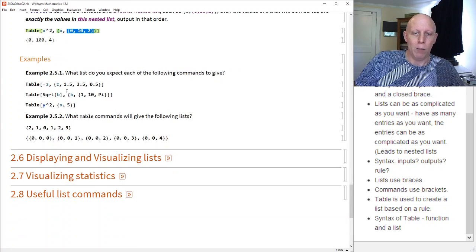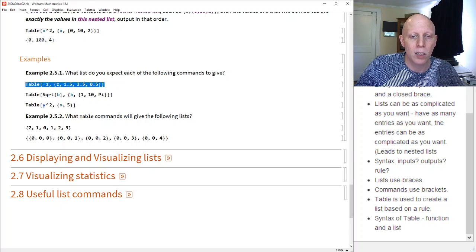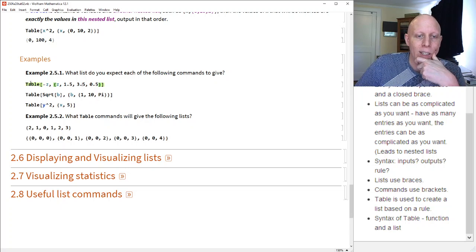So let's do some examples. Let's think about what we would expect in each of these following commands. All right, what do we have here? We have Table, so give me a list of negative z, where z starts at 1.5 and goes up to 3.5 in increments of 0.5. Okay, so think about what that's going to do.